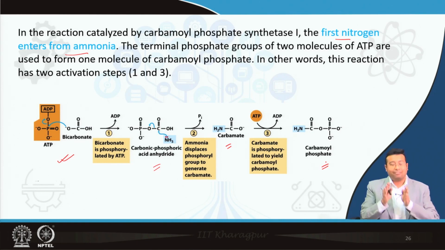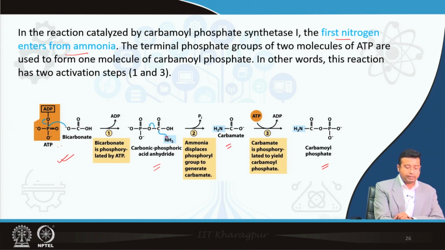So, if you look very carefully, there are two steps where ATP is used. So, it is often said that this reaction has two activation steps in between the intermediates, alright.